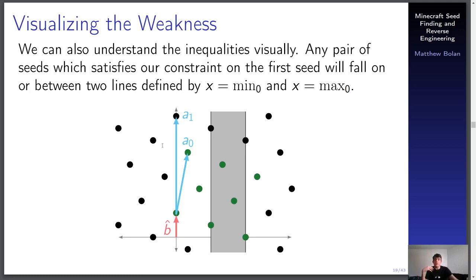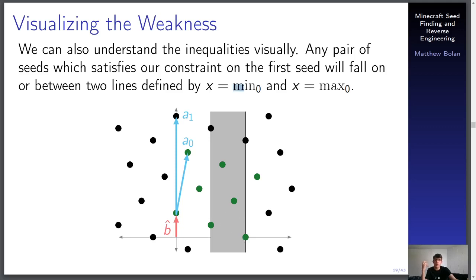So let's say we want seed 0. So again, what we used to call the x-axis is now the seed 0 axis. If we want seed 0 to be between min 0 and max 0, well, that's requiring seed 0 to fall somewhere between two lines.